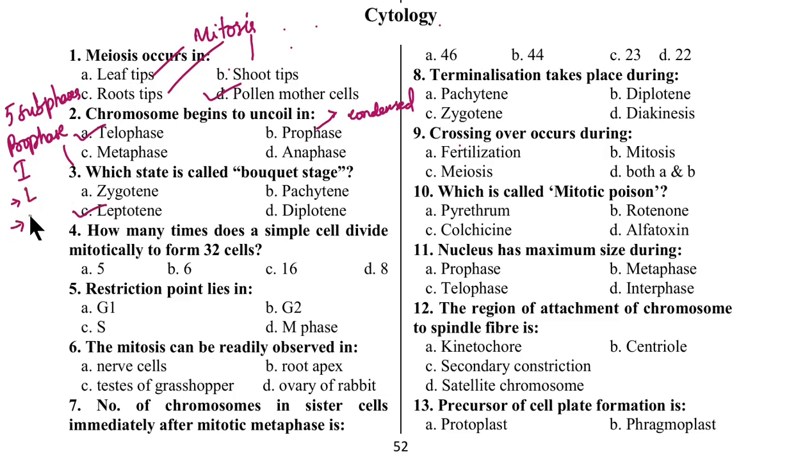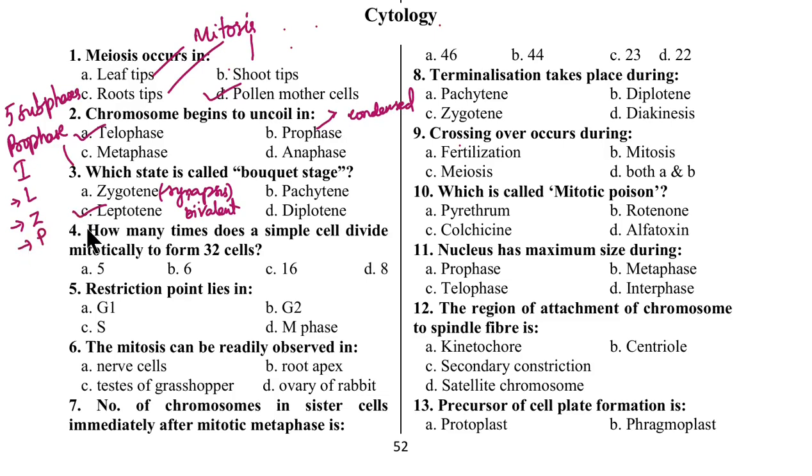The second is zygotene, where synapsis, that is pairing of homologous chromosomes, takes place, where the chromosomes are in the bivalent stage.